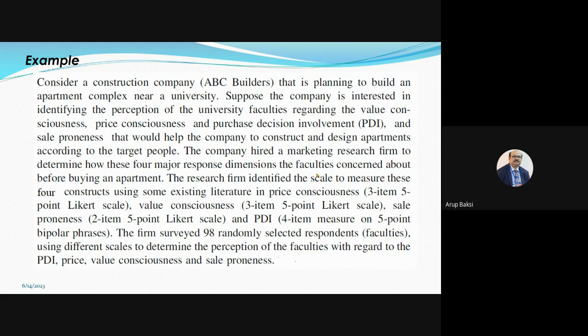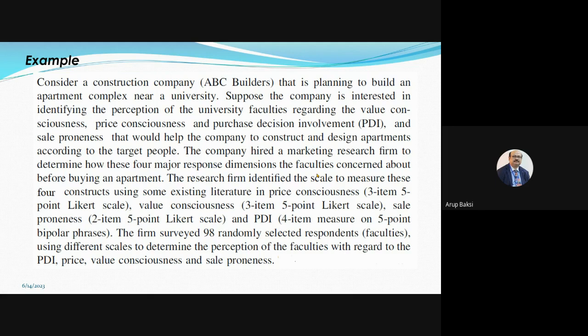When I say a 4-item scale for PDI, these are the 4 statements against which I will be generating responses from a group of university teachers, which will project their purchase decision involvement, or the PDI. So in total, 3 plus 3 plus 2 plus 4, there are 12 observed variables, or 12 items.